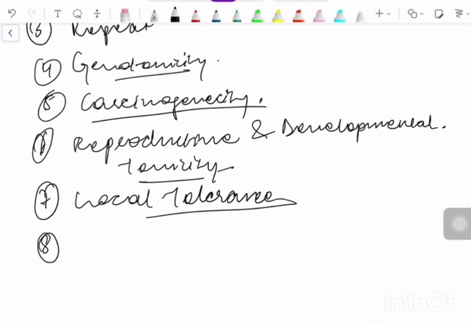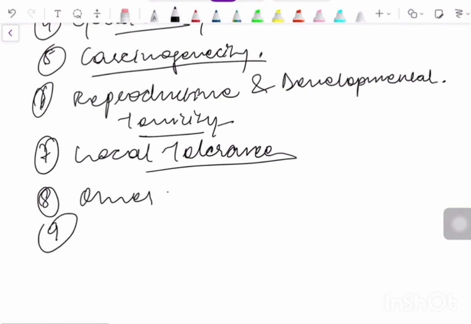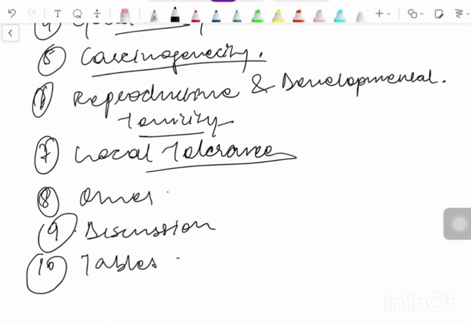If there is any other toxicity like immunotoxicity, mechanistic studies, dependent studies on metabolites, studies on impurities, or antigenicity, all that could be mentioned in this section, and any other studies. And the ninth is discussion and conclusion. And 10th is any tables or figures that you want to attach.